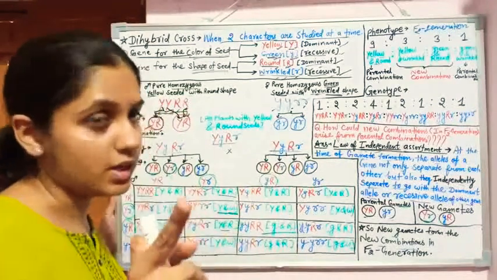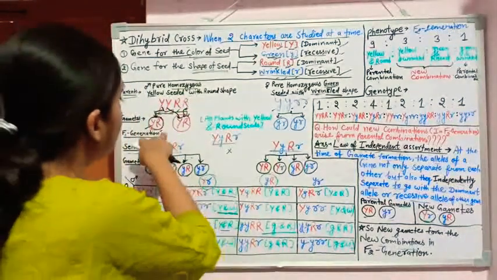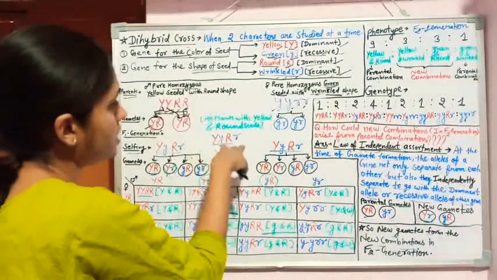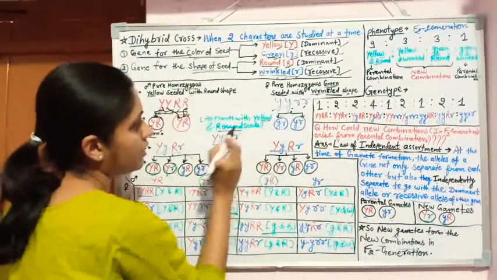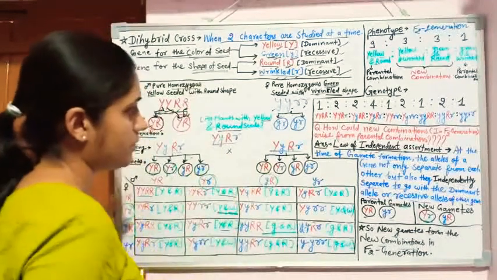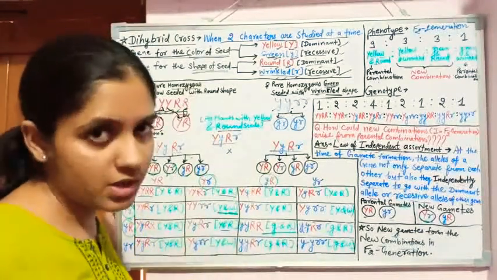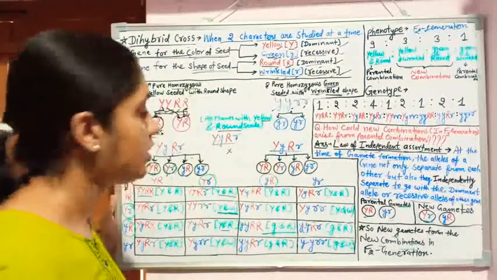That is the law of segregation. Then after this you will find the F1 generation, in which all the plants have yellow and round seeds. This is because of the law of dominance. You have already understood about this.